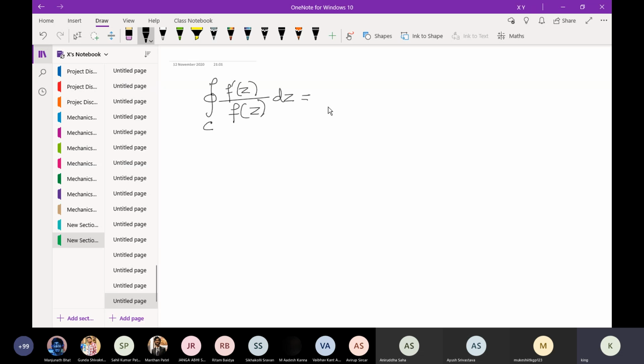So here is another property of complex numbers and the log of complex numbers. So what can we express this as?